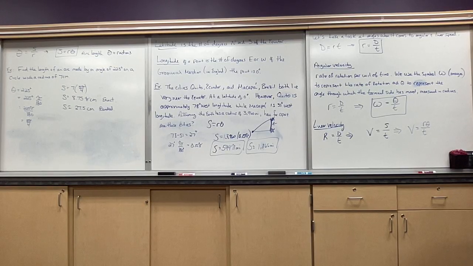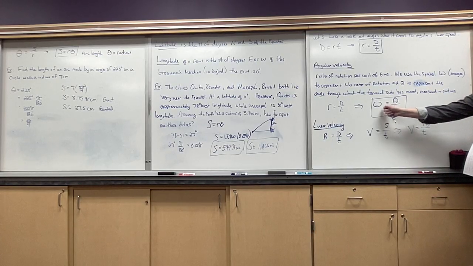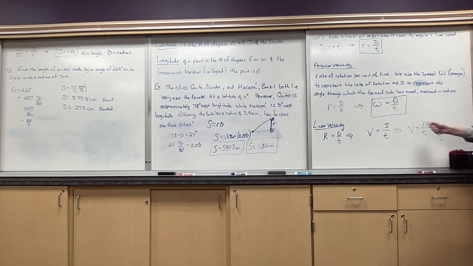Notice that theta over time is this guy, it's omega. So I can substitute this into here to get my final linear velocity formula. It's just your radius times your angular velocity. That'll tell you how fast you're going linearly across that arc. So those are our two formulas, linear velocity and angular velocity, and we're going to use them in our next example.